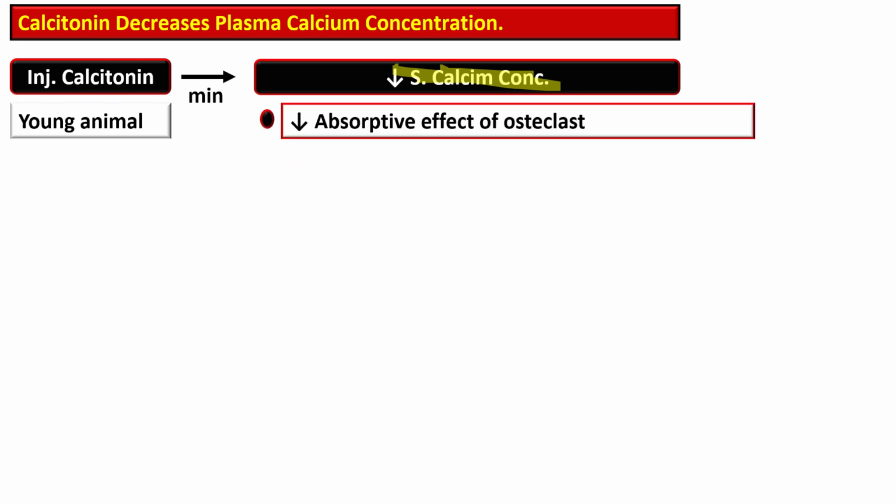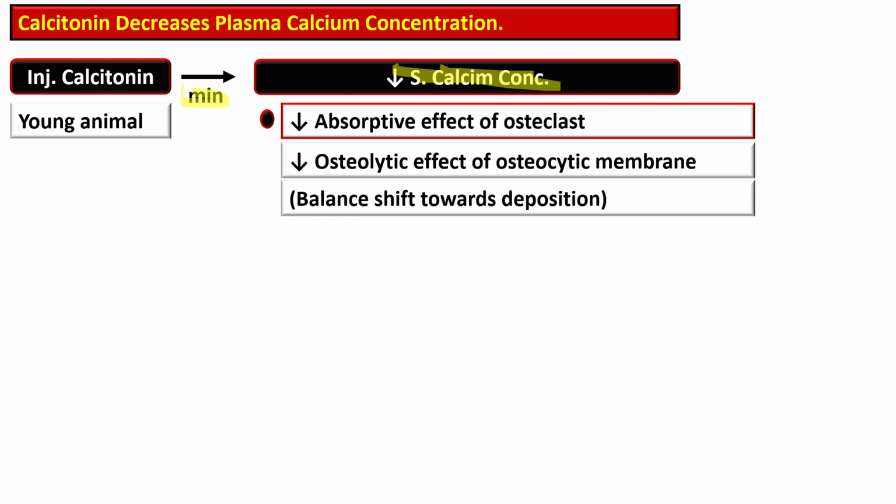This is an immediate response that occurs within minutes to hours, and it inhibits the osteoclastic activity, possibly reduces the osteolytic membrane pump, and this leads to a balance of the activity toward the deposition of the calcium into the bone. This mechanism is especially active in young animals due to high bone turnover.